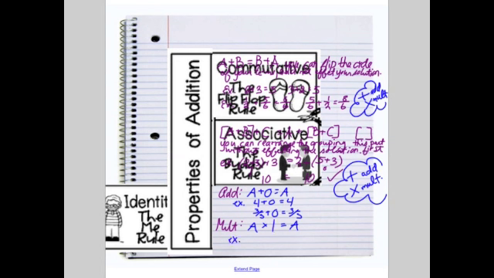So an example, 7 times 1 still equals 7. And 2/3 times 1 still equals 2/3. So again, there are two rules in this category, one for addition and one for multiplication. Those are two rules that you are going to have to remember.